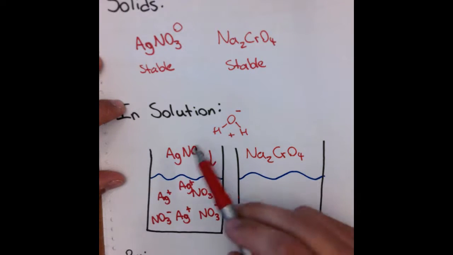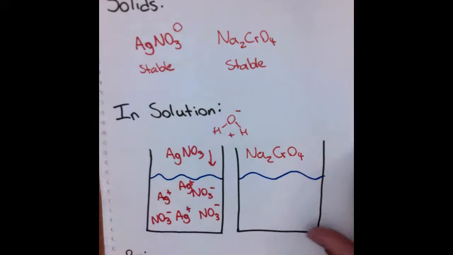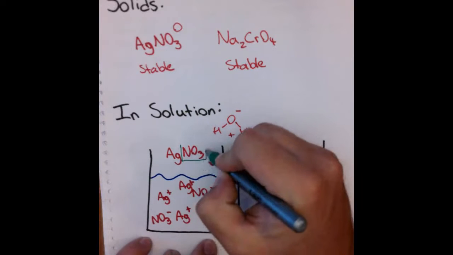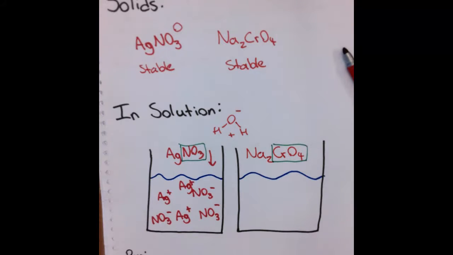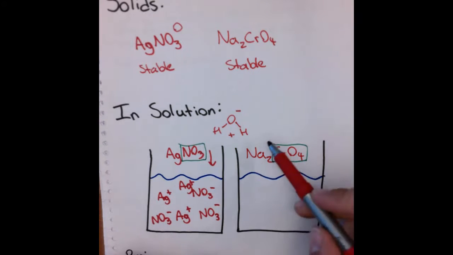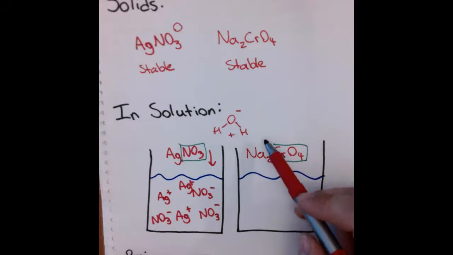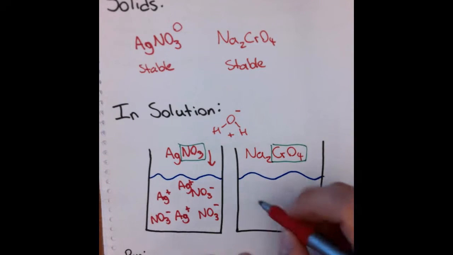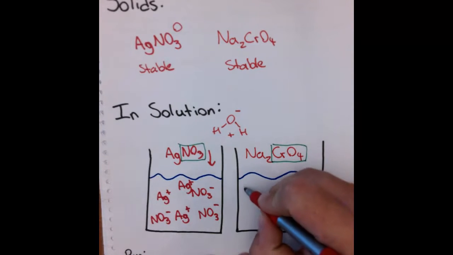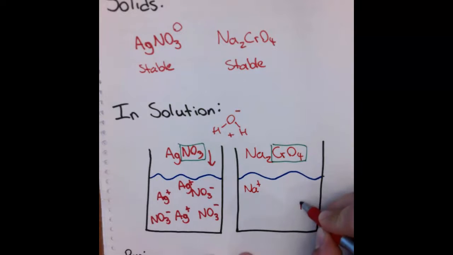With our polyatomic ions, really anything that you see in your polyatomic ions chart, so with your NO3 here and your CrO4, or your chromate here, they do stick together in solution. However, your sodiums are going to be totally by themselves, and your Ags are also going to. So here, we'll see the exact same thing happen. We're going to have a bunch of Na pluses.